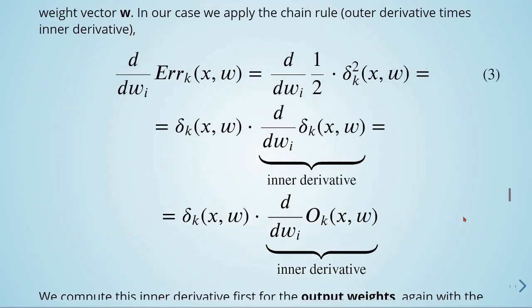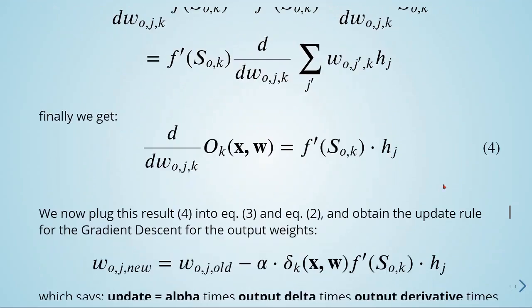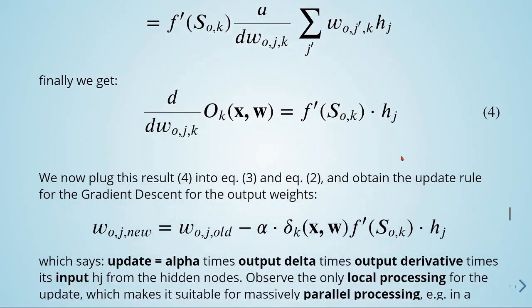So we have these equations 2, 3, and 4. If we now plug this result 4 into equation 3 and equation 2, we obtain the update rule for the gradient descent for the output weights.